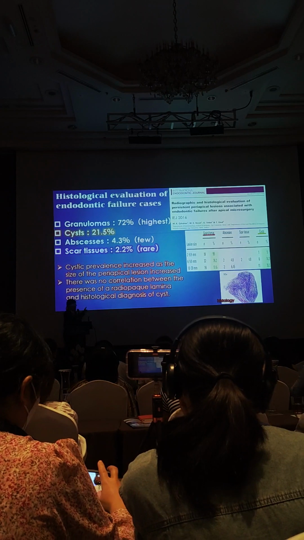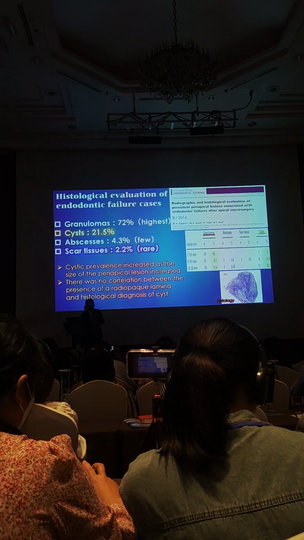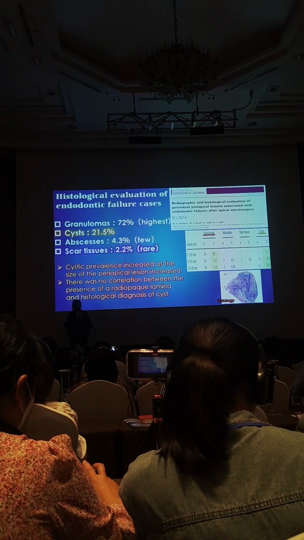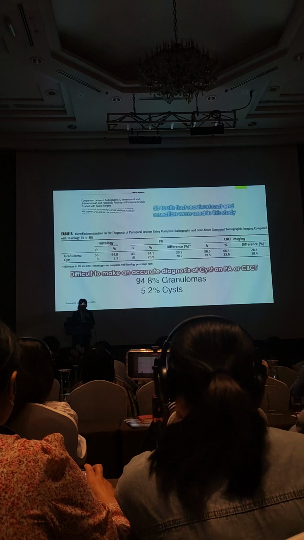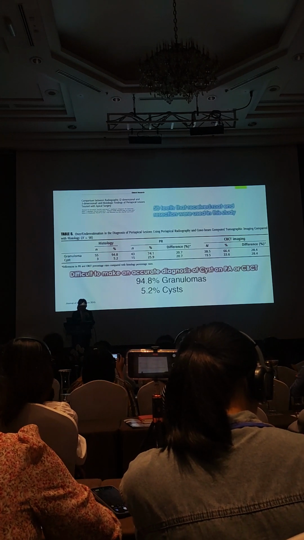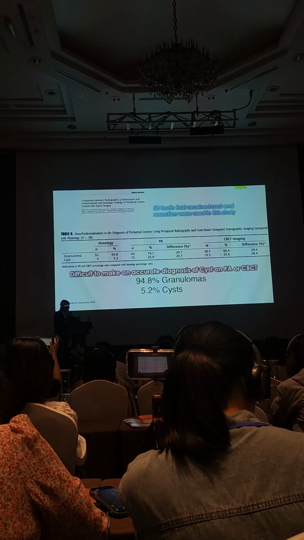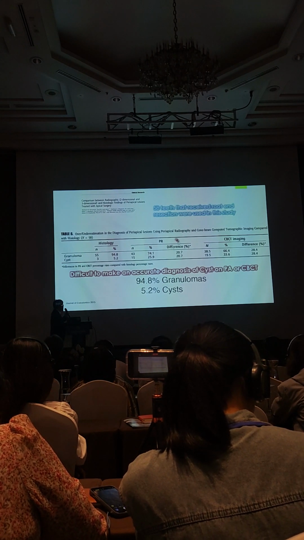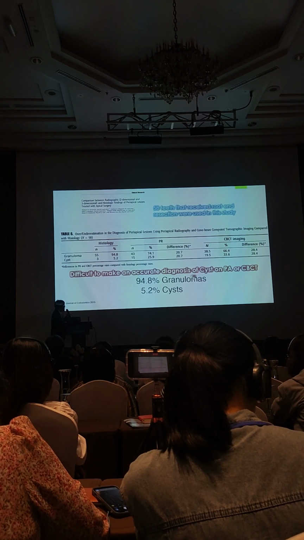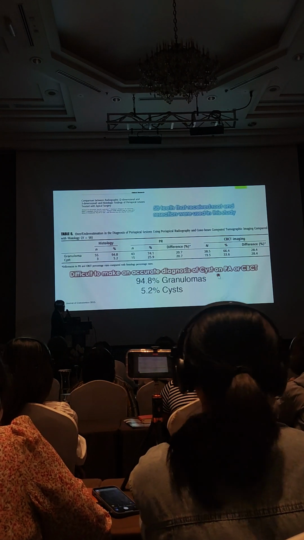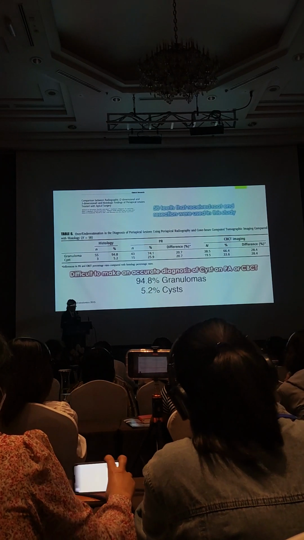So if you look at the periapical lesion on the radiograph, they are mainly granulation tissues. This is another study. They collected the root end when they did the surgery, and they discovered the lesion was granulation tissue in almost 95% of the cases. Cyst, only 5.2%.